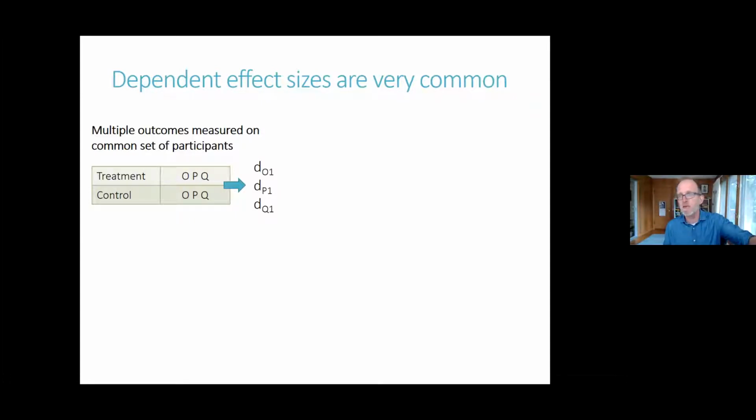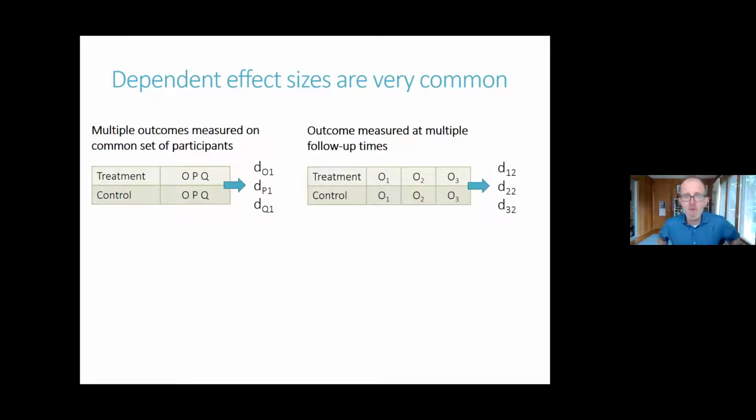And so you'd like to be able to extract, work with and analyze all 3 of those effect sizes. A similar situation occurs if you've got outcomes measured at multiple follow-up times, say not just the effect size for the immediate post-intervention time point, but maybe also a 3-month and a 6-month follow-up.